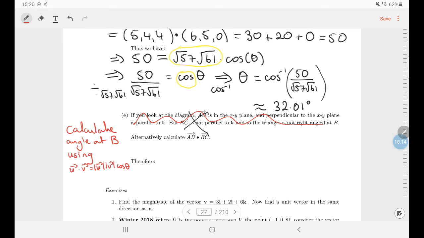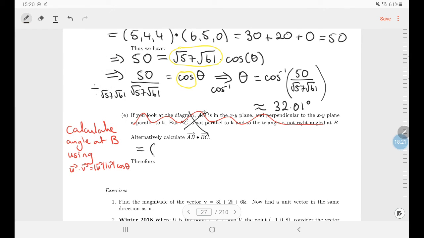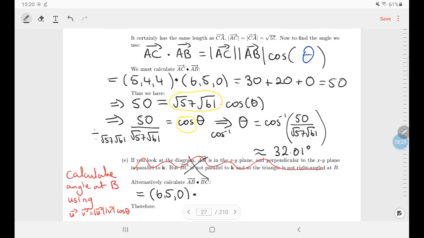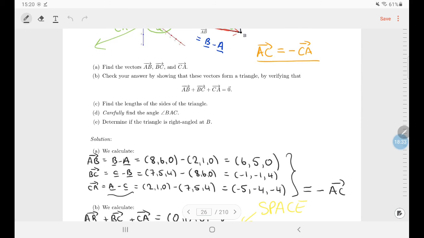Right, so alternatively, let's look at AB.BC. So this is equal to AB is 6, 5, 0, and BC is, I don't have BC handy. BC is -1, -1, 4.